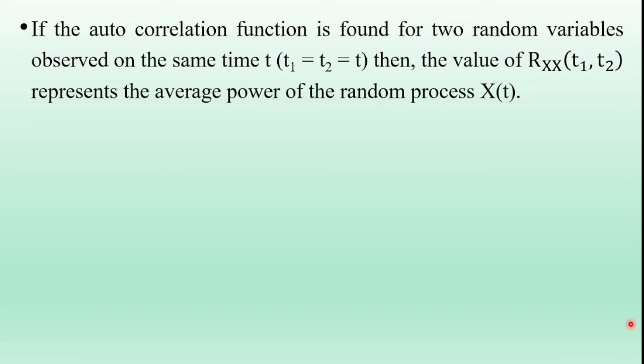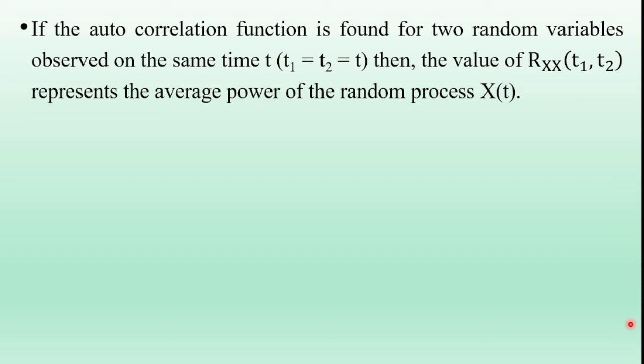It is therefore apparent that the more rapidly the random process x of t changes with time, the more rapidly the autocorrelation function Rxx of tau will decrease from its maximum value Rxx of 0 as tau increases.